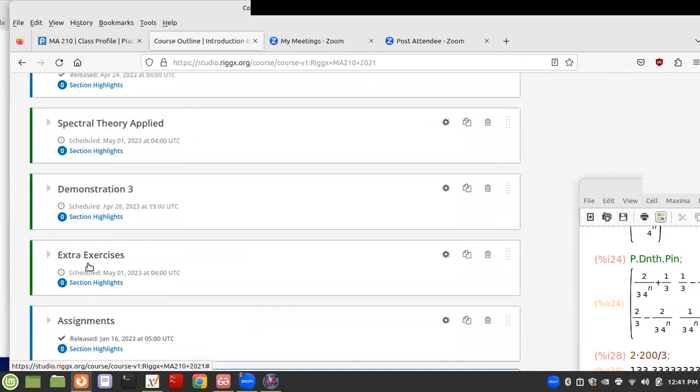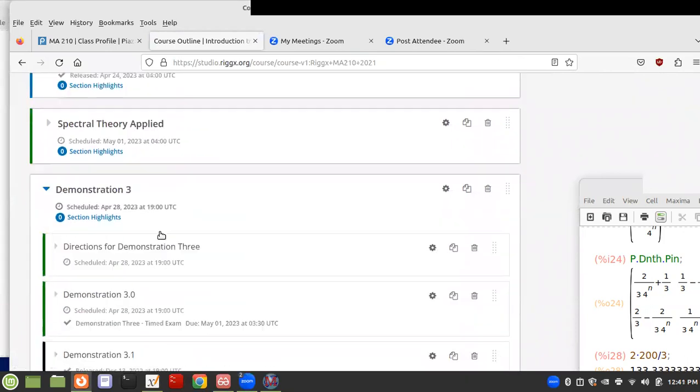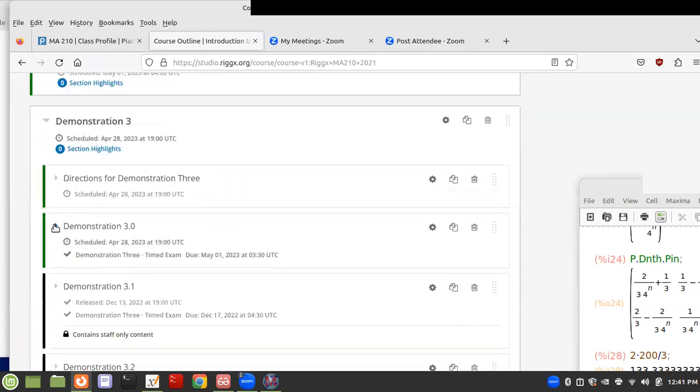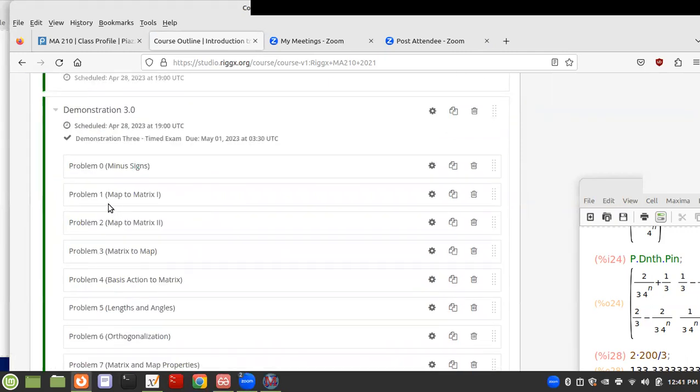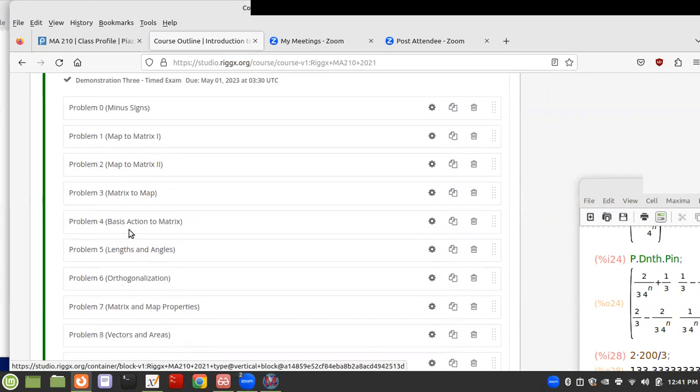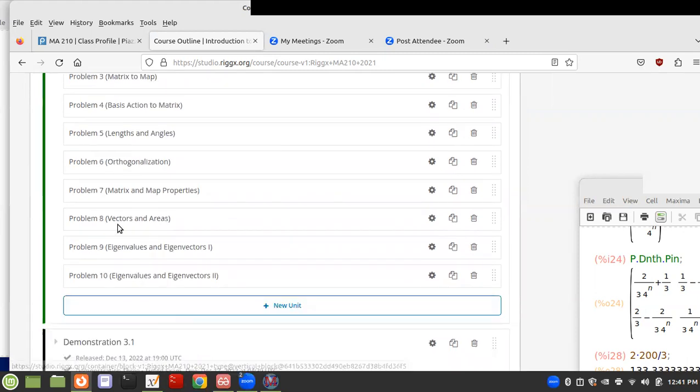Okay, so here are the demonstration 3 topics. Maps to matrices, matrix to map, basis action to matrix, lengths and angles, orthogonalization, matrix and map properties, vectors and areas, eigenvalues and eigenvectors.